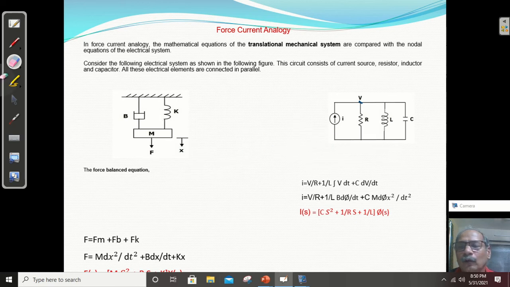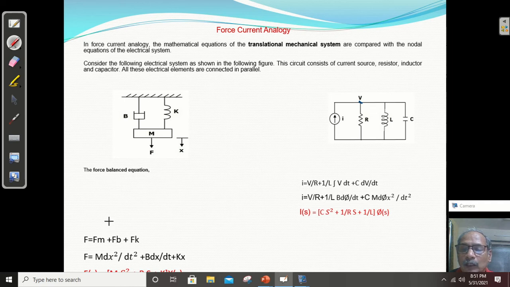Now if you are going to develop the force current analogy, this mechanical system is given, M, a translational mechanical system. If you apply the force here, this is the displacement X. If you apply the force, F equal to what?